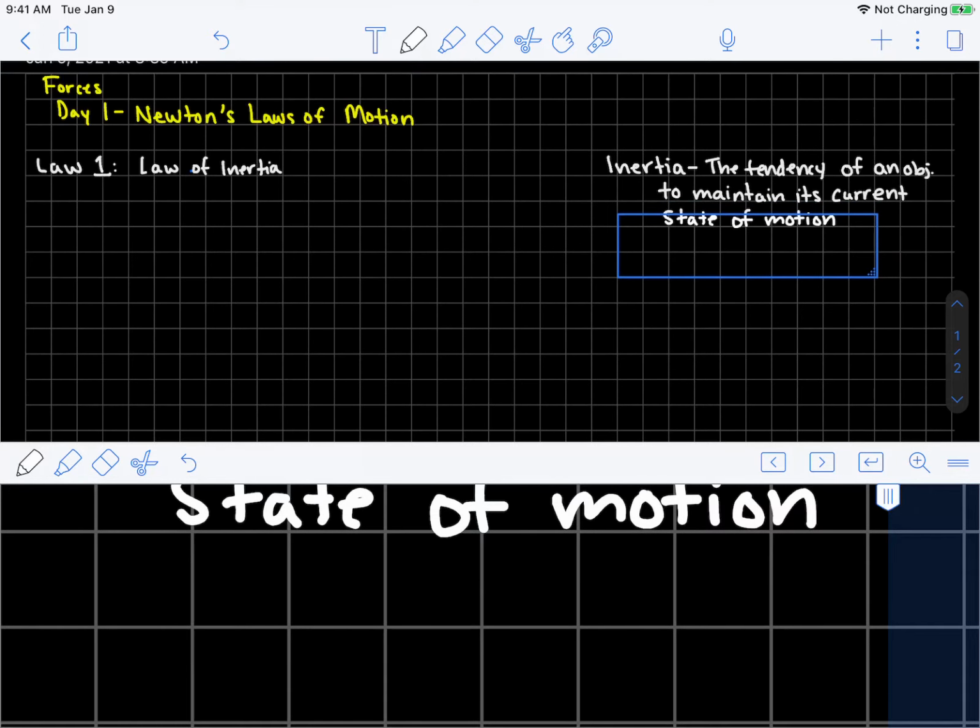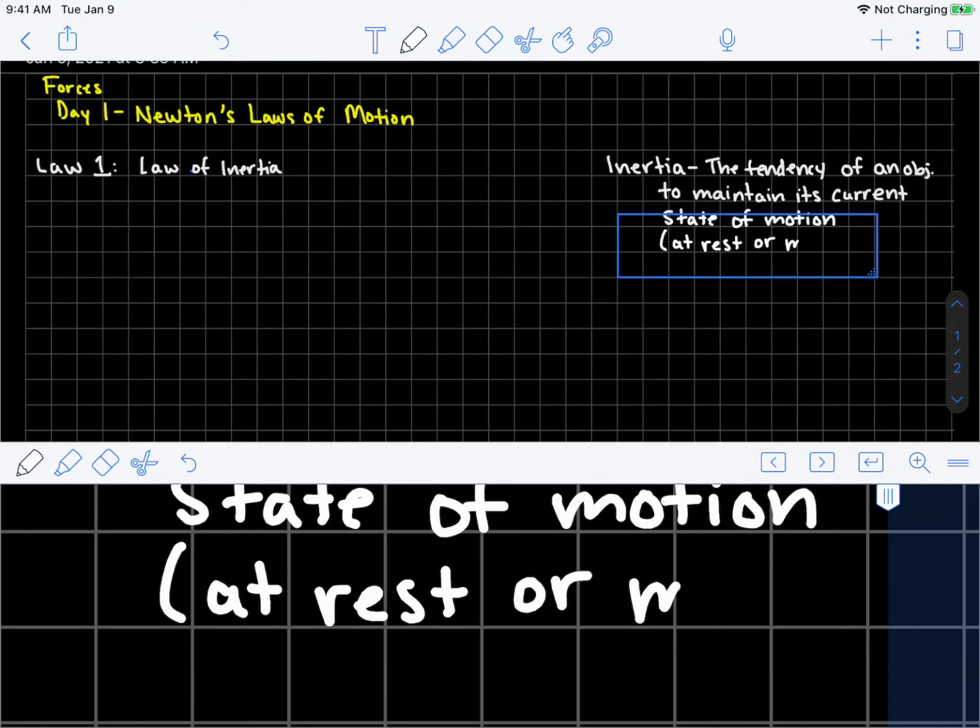And that state of motion can be either at rest or moving.